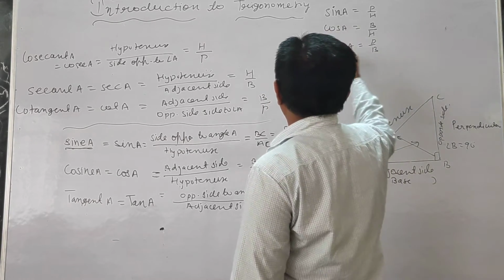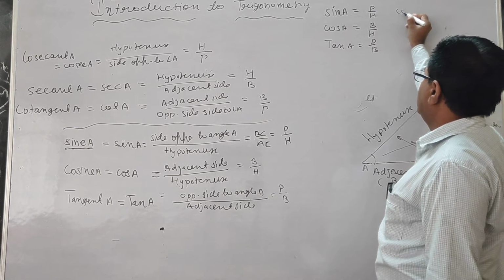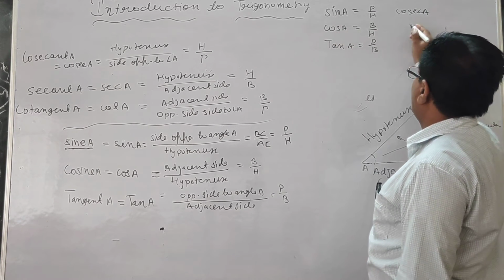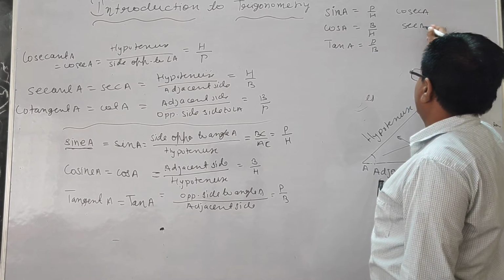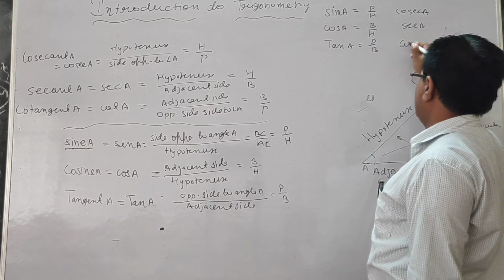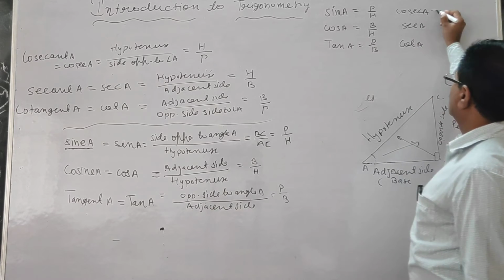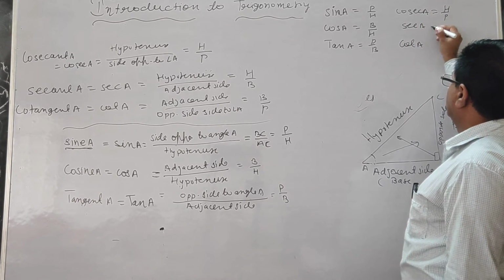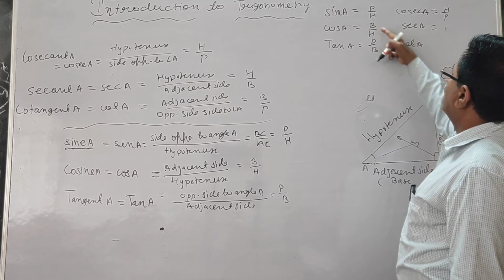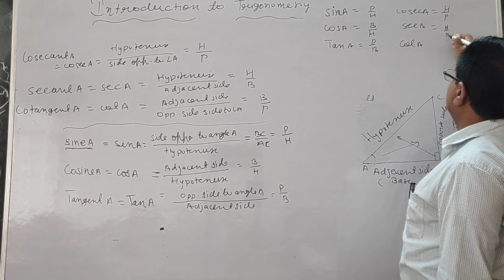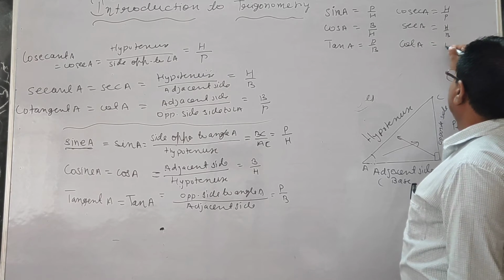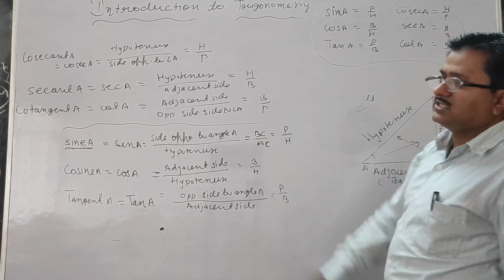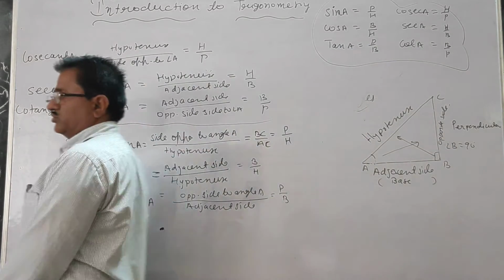Now the reciprocals: reciprocal of sine is cosec A, reciprocal of cos is sec A, and reciprocal of tan is cot A. So cosec A is H upon P, sec A is H upon B, and cot A is B upon P. So we have these 6 trigonometric ratios.